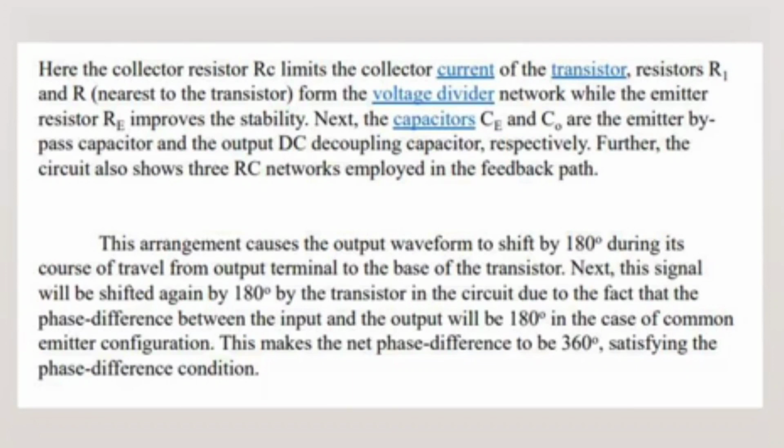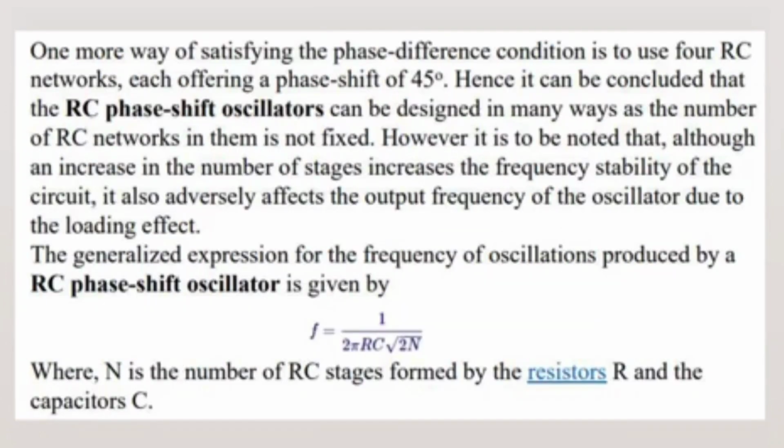This makes the net phase difference 360 degrees, satisfying the phase difference condition. One more way of satisfying the phase difference condition is to use 4 RC networks, each offering a phase shift of 45 degrees. Hence, it can be concluded that the RC phase shift oscillator can be designed in many ways, as the number of RC networks in them is not fixed.